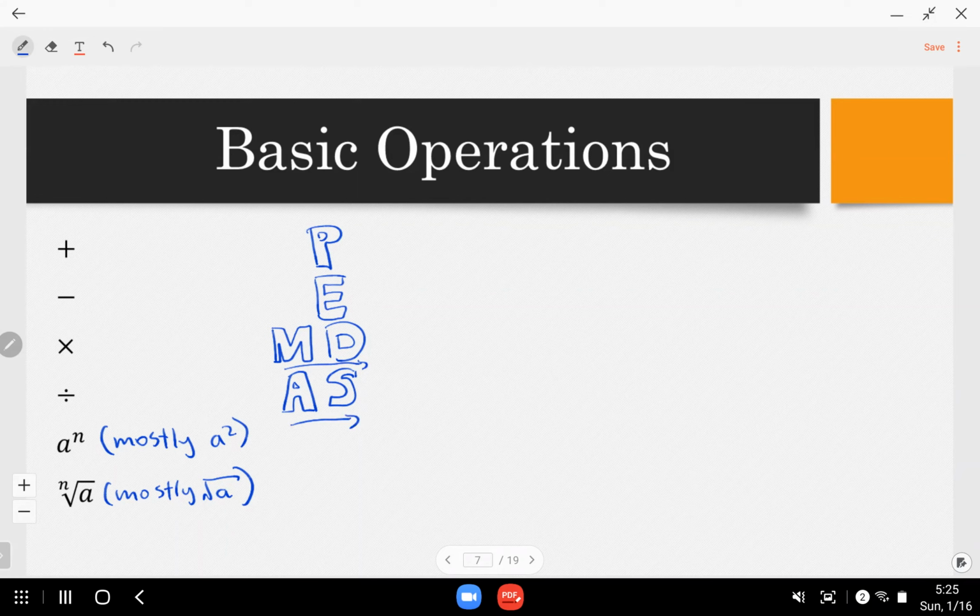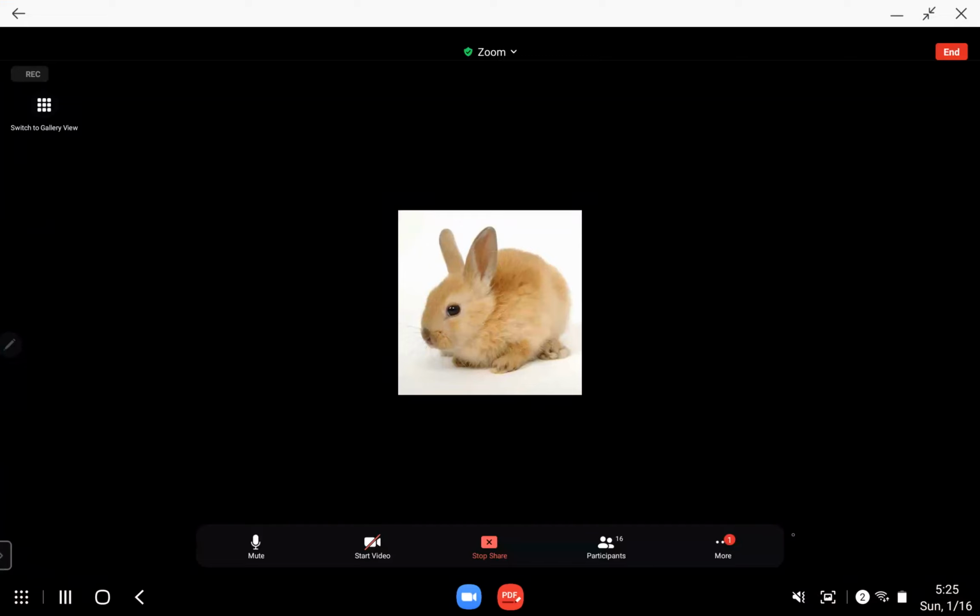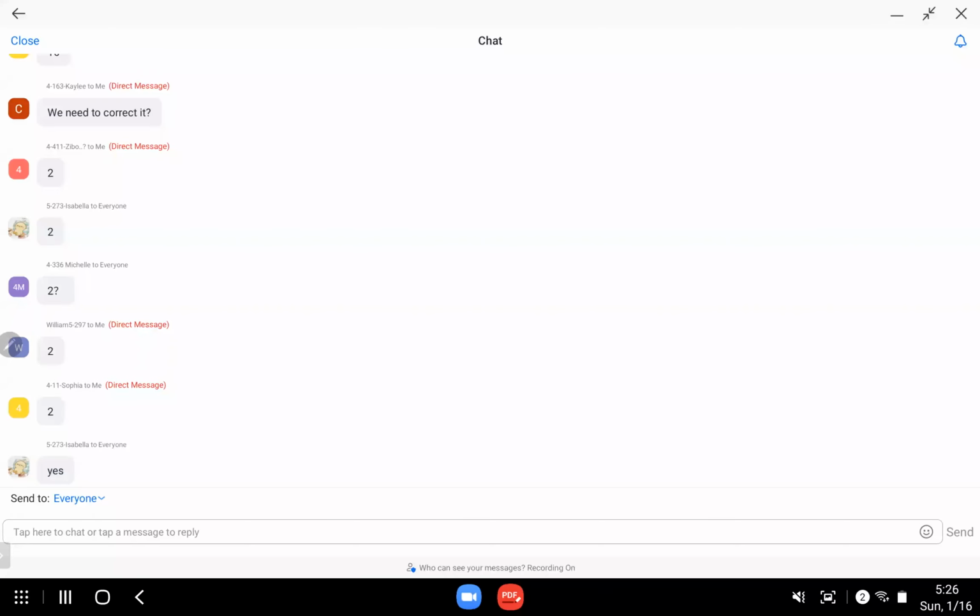All clear on our little order of operations chart over here? Everybody knows this? I think that's about it for our review of order of operations. Yes, all clear.